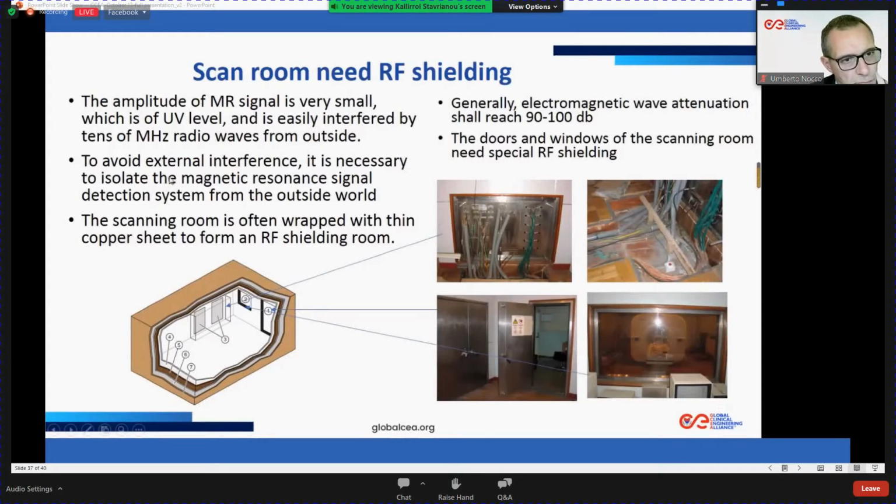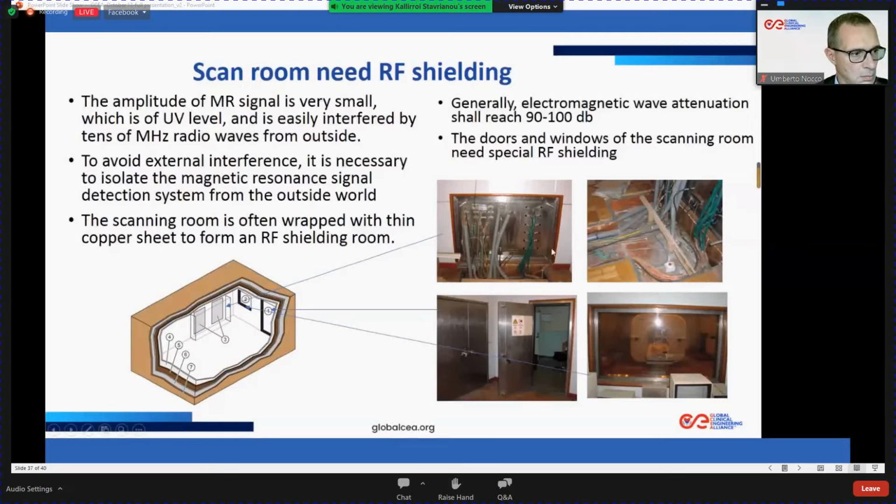To avoid external interference, it's necessary to isolate the magnetic resonance signal detection system from the outside world. The scanning room is often lined with a thin copper sheet to form the RF shielding room. Like this one, this is a shielding for the penetration panel.